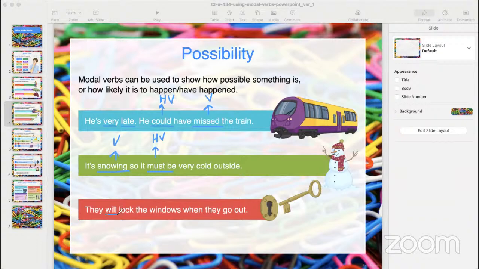They will is the helping verb. Lock is the verb. When they go out, we've got our verb here as well, because they're going out.